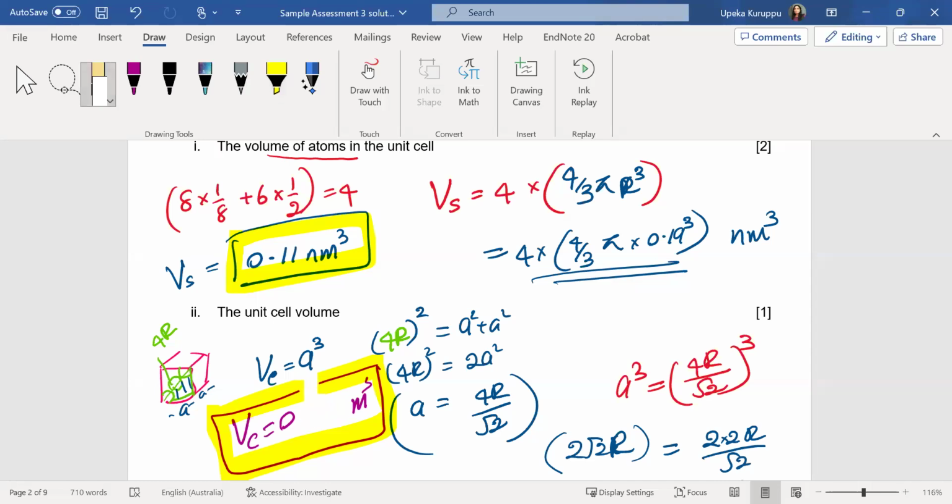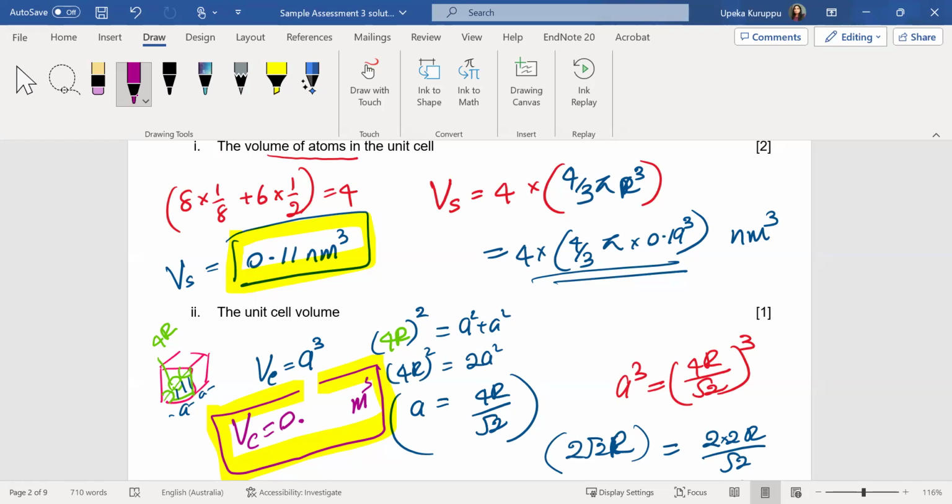What did you get? 0.14. Oh, can't be that big. 0.3.